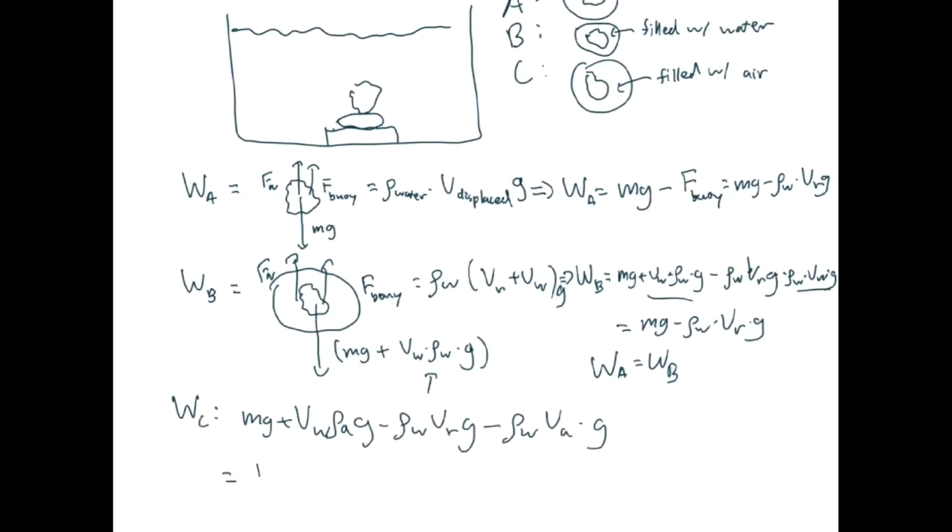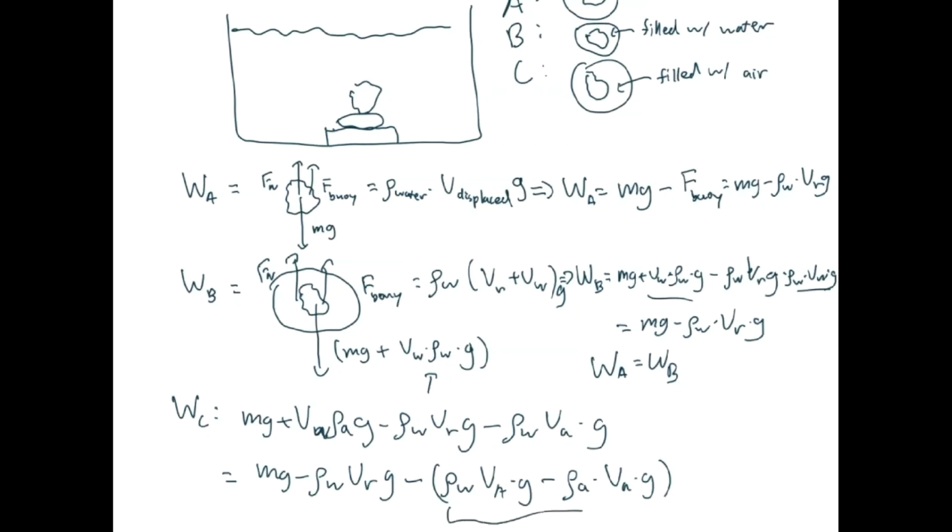So this is mg minus rho water times the volume of the rock times g, but we're also subtracting rho water volume air times g minus rho air times volume of air times g. So we're subtracting this quantity.